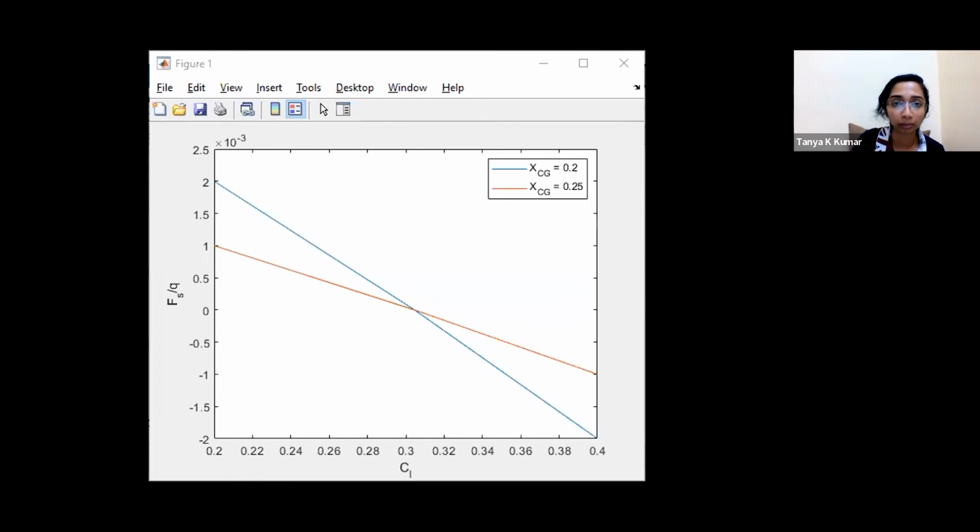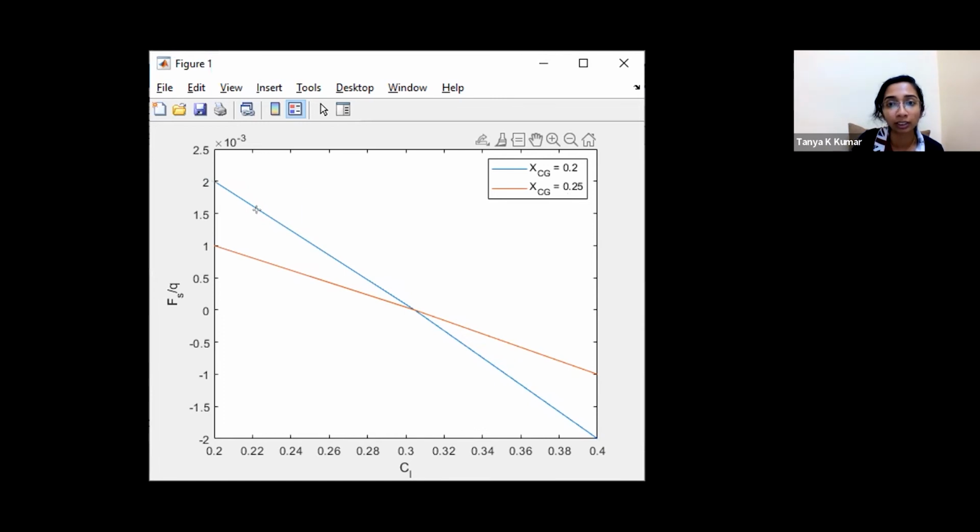Is the graph visible? So the blue line, like the legend says, is for XCG 0.2. That's the first value that we calculated. That is dFs1 by dQ, and this is dFs2 by dQ. Okay, I'm not sure if you can see my cursor.